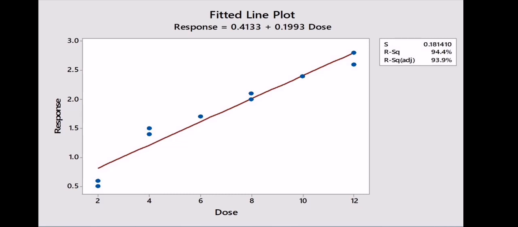Notice that those 2 points are well below the line, and they also differ from each other. So we have here 2 types of error. The 2 points are not at the same height, which is pure error, but also the average of the 2 points is not on the line or close to the line, which is lack of fit. So the software itself is able to identify when we fit a model which is inappropriate for a data set.